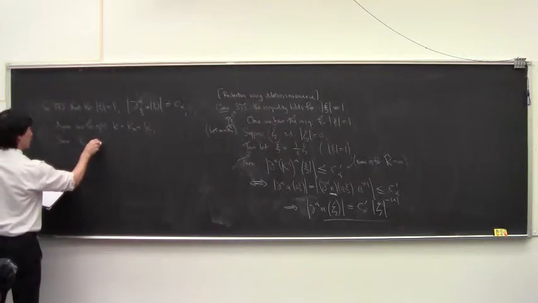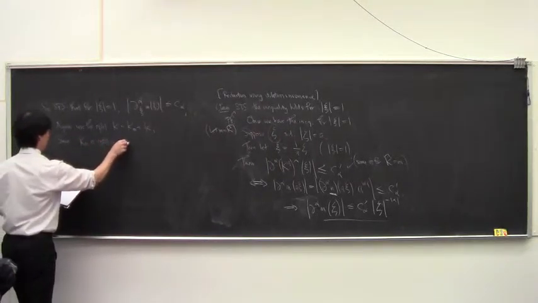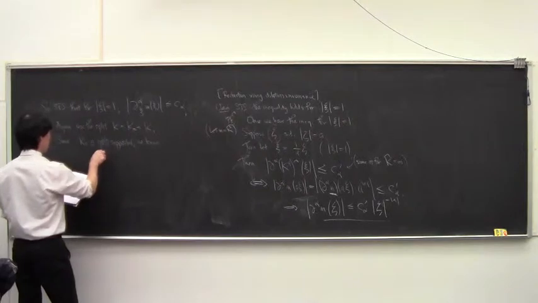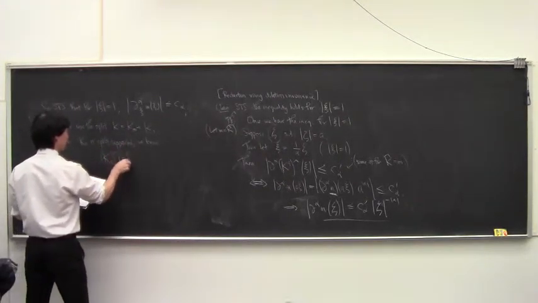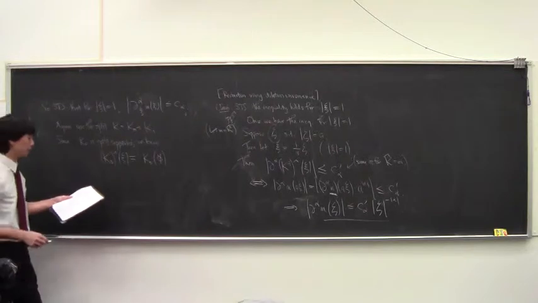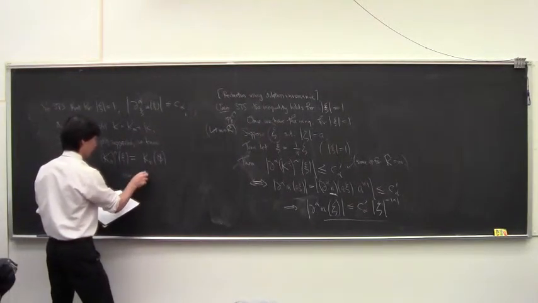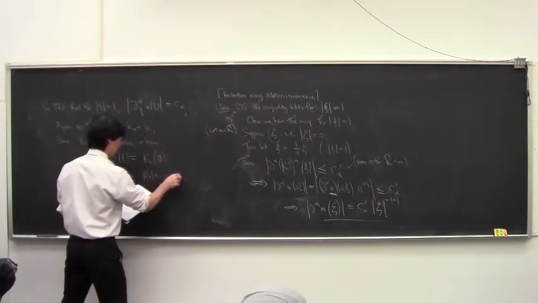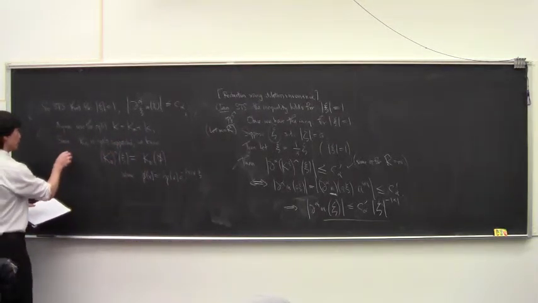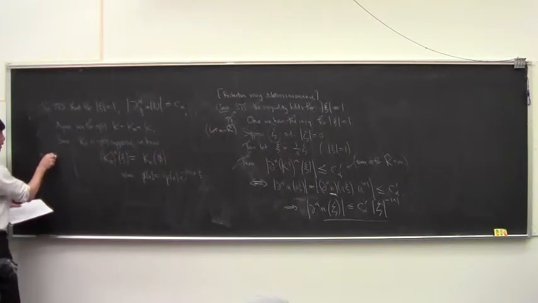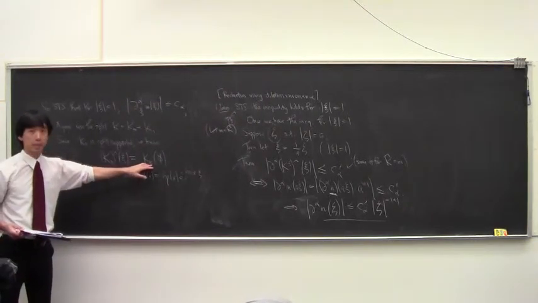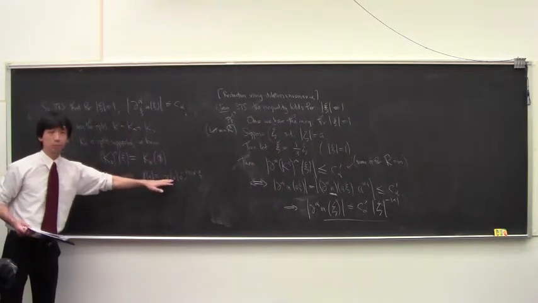Since K naught is compactly supported, we know that K naught hat at C equals K naught applied to some bump function where p of x equals beta of x times e to the negative 2 pi i x times C. This is a result that we saw earlier: the Fourier transform can be realized as taking the distribution and applying it to this bump function.